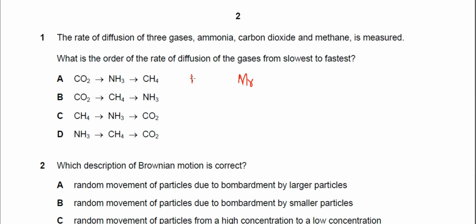So we simply can say that the rate of diffusion is inversely related to the molecular mass. Understood? Now work out: the mass of ammonia is 17, the mass of carbon dioxide is 44, the mass of methane is 16.